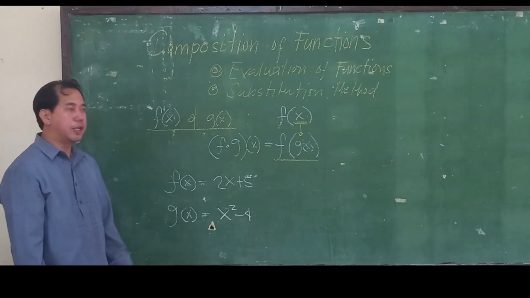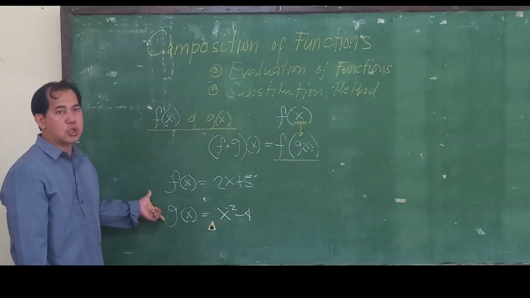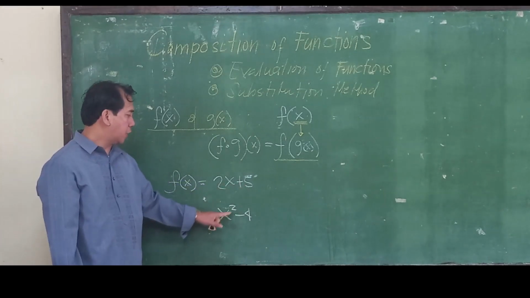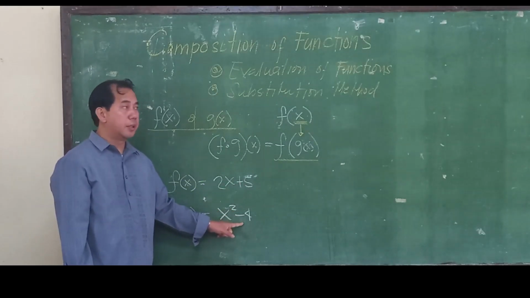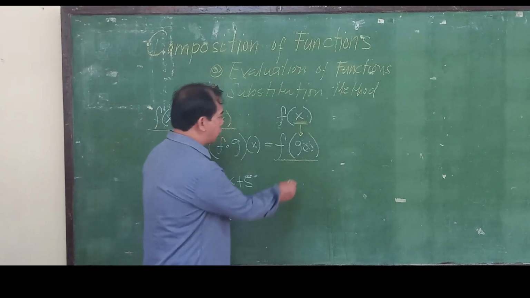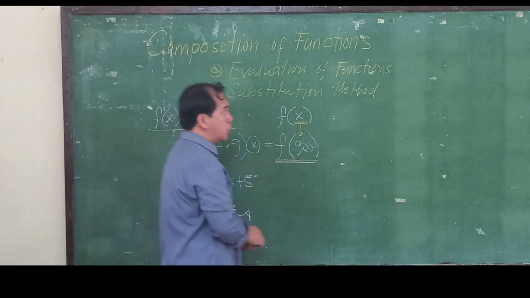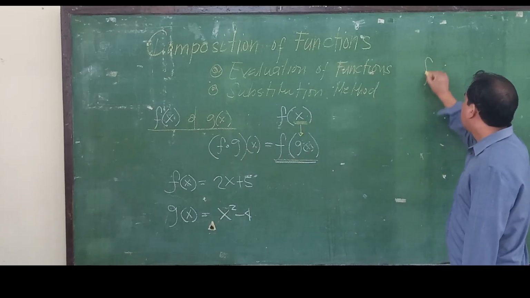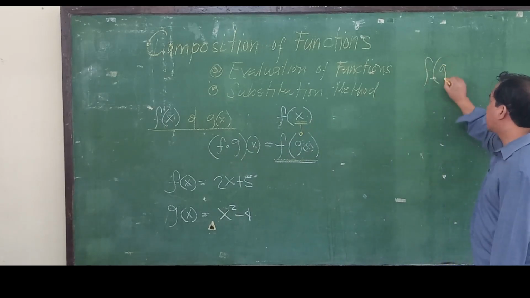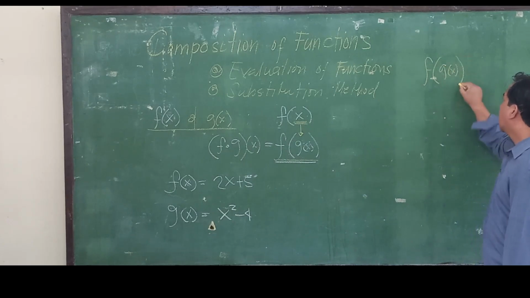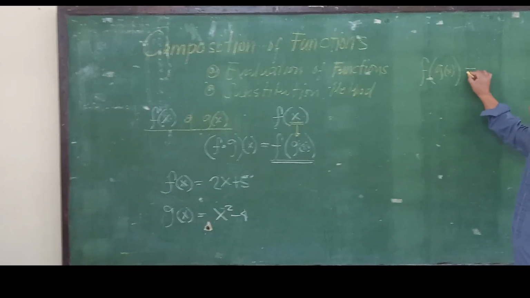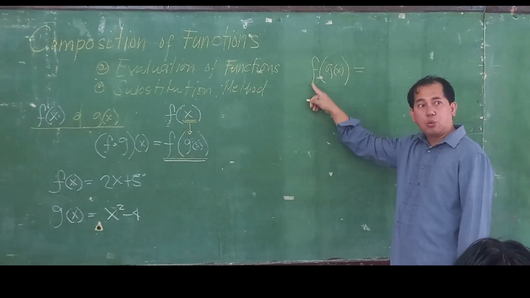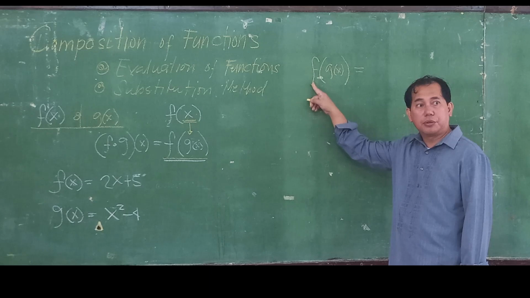Okay. So we have in here two functions. Their definition, we have in here 2x plus 5 and x raised to 2 minus 4. Now, let's try to apply now. Let's try to get its composition. So we say the composition of f of g of x is the same as, we copy first the outer function.